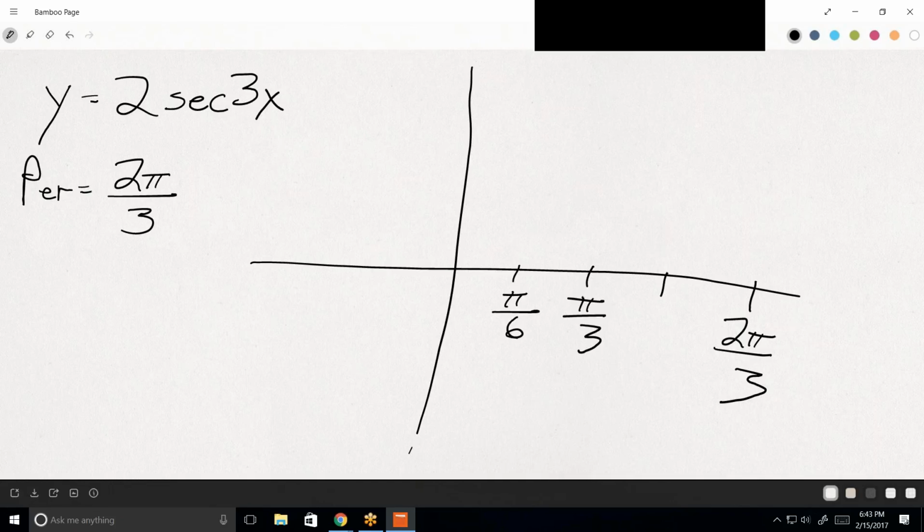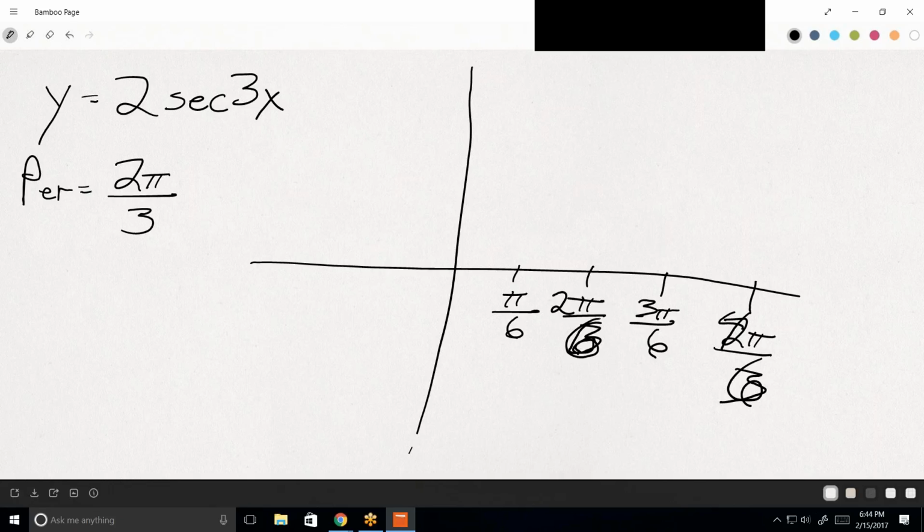Let me tell you a better way to do this when you're quartering it. Leave all your denominators the same. Here's why. If I make this 2 pi over 6, which is the same as pi over 3, and I make this 4 pi over 6, which is the same as 2 pi over 3, now it's real easy to know what that has to be. What's halfway? 3 pi over 6, which is just pi over 2. Sometimes it's better not to simplify them. If you don't simplify them, it's easier to quarter it up.